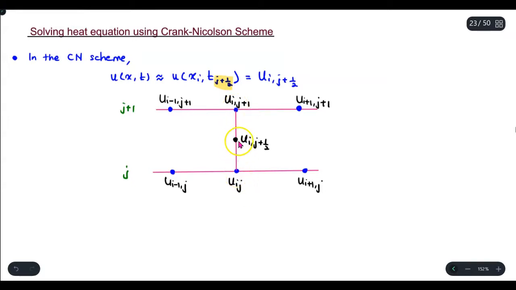Now, since you have a point in the middle, the distance to the middle point is k over 2, and this is another k over 2. Basically you still have k, which is the distance between u_i^(j+1) and u_i^j. That is the diagram that we will consider for the Crank Nicolson scheme.